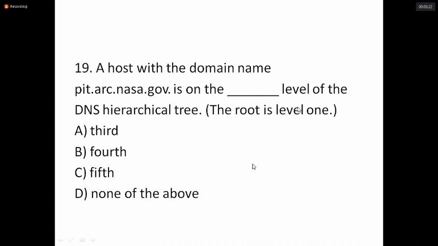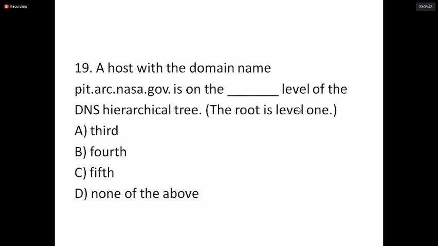A host with the domain name pit.arc.nasa.gov. is on the dash level of the DNS hierarchy tree. The root is level 1. Read properly. Pit is there, .arc.nasa.gov.